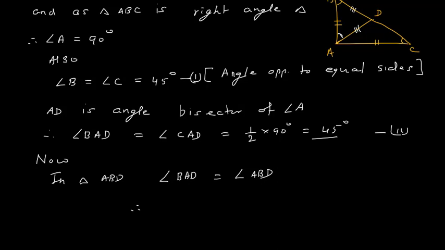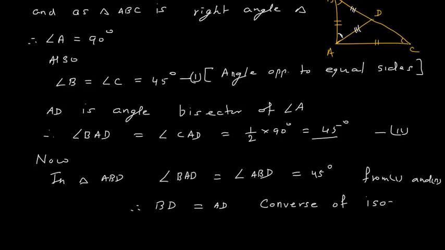So in triangle ABD, as angle BAD is equals to ABD is equals to, you can say, 45 degree. Okay, from 1 and 2. So therefore, side opposite to this BAD is BD. So this BD is equal to AD. This is converse of isosceles triangle theorem.